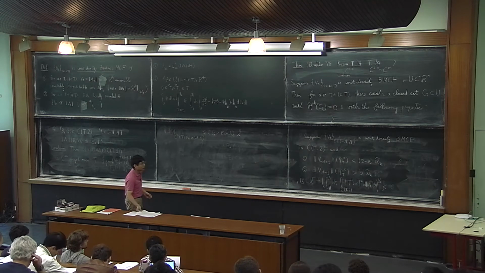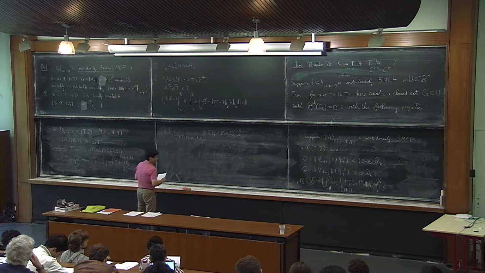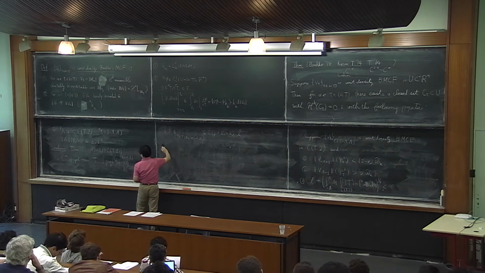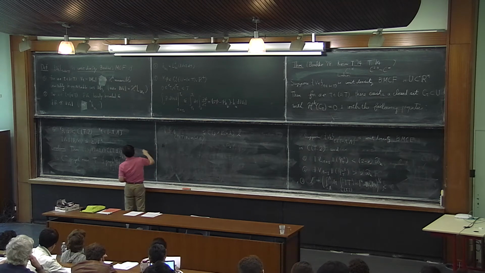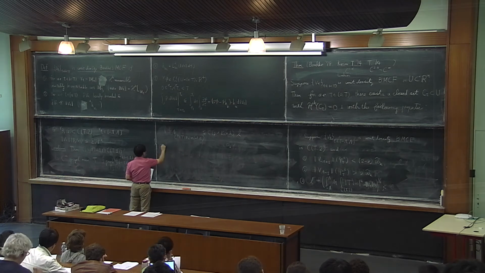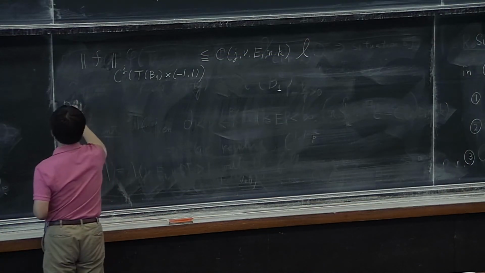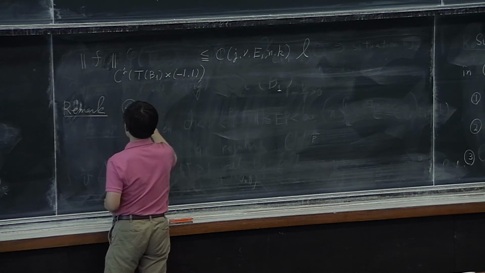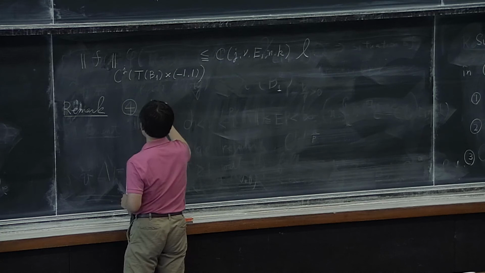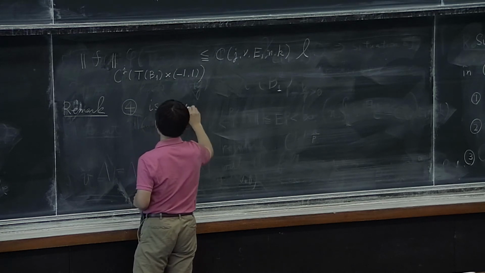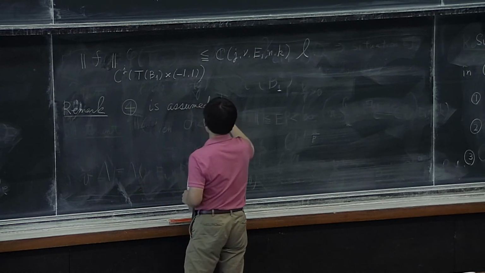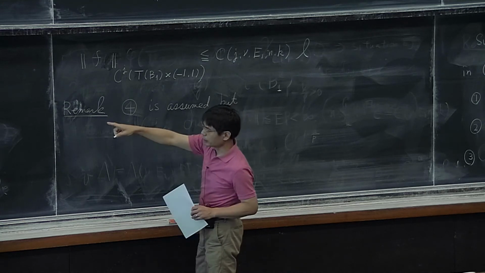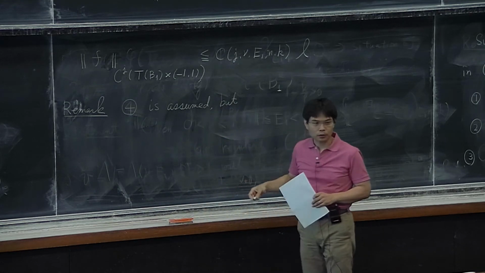Okay, so let's see. First, maybe I should say that all these... Oh, by the way, the remark is that number 4 is usually assumed, but in fact this kind of estimate comes from the so-called Huisken monotonicity formula.